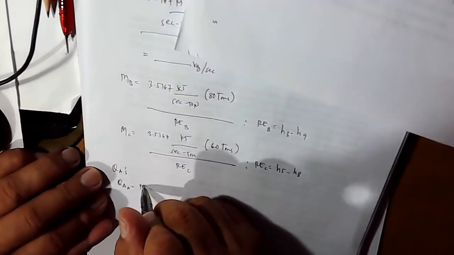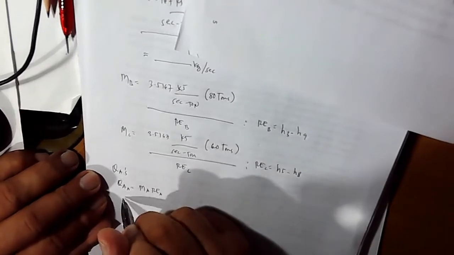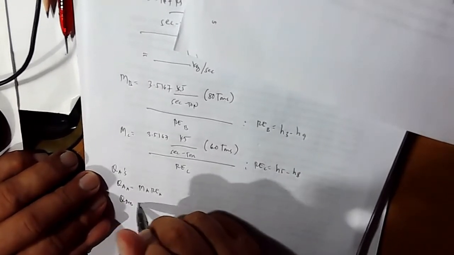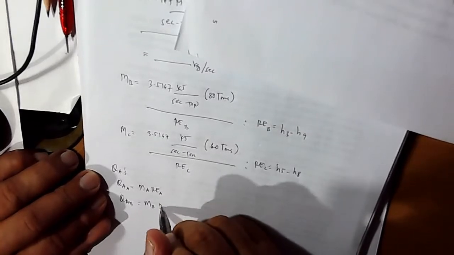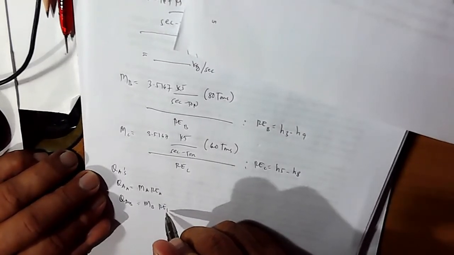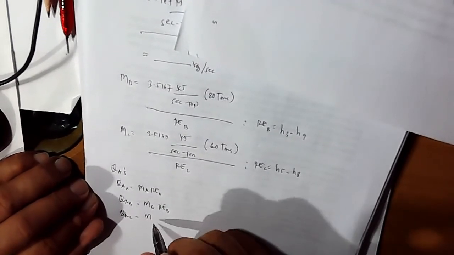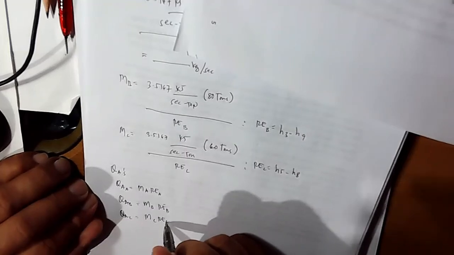QAA is simply mass A times REA. QAB is mass B times REB. QAC is mass C times REC.